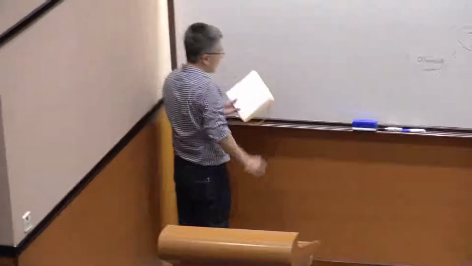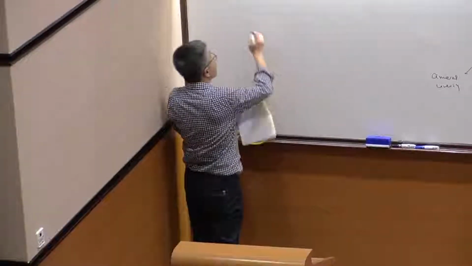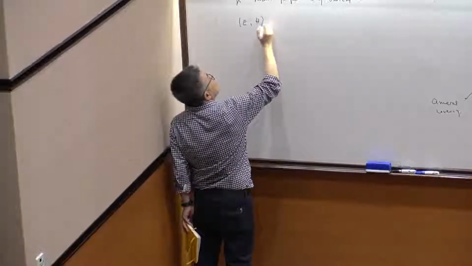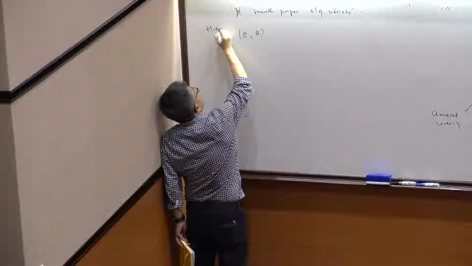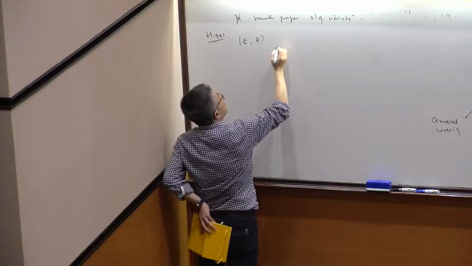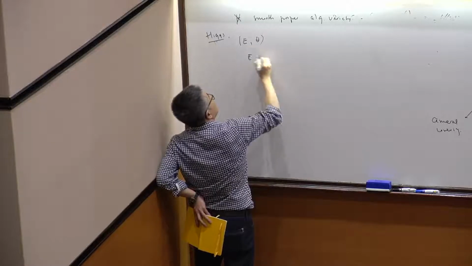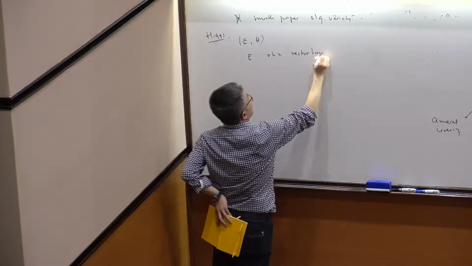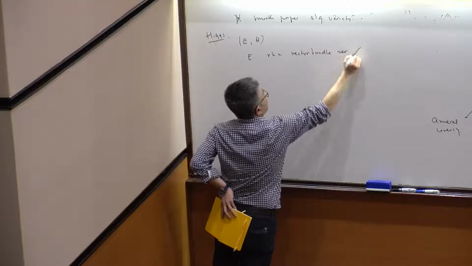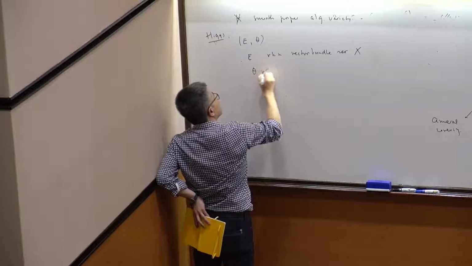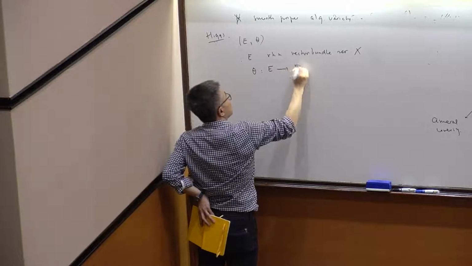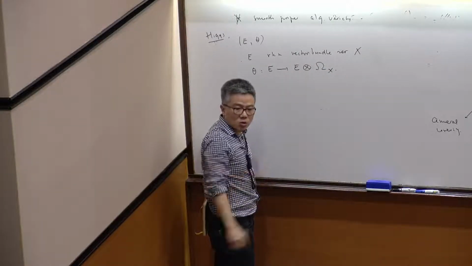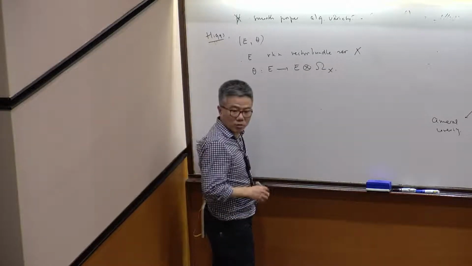But anyway, you can start with any dimension, and then Higgs bundles. A Higgs bundle is a pair (E, theta), where E is a rank n vector bundle over X, and theta again is just a map from E to E tensor Omega^1 of X. But with one condition that makes the whole thing more difficult.